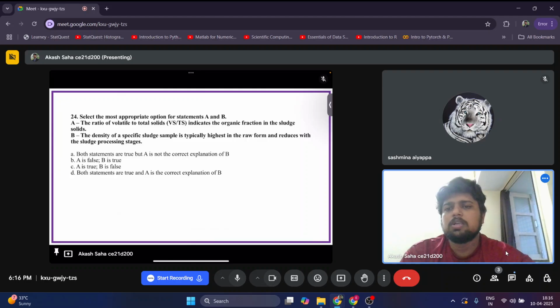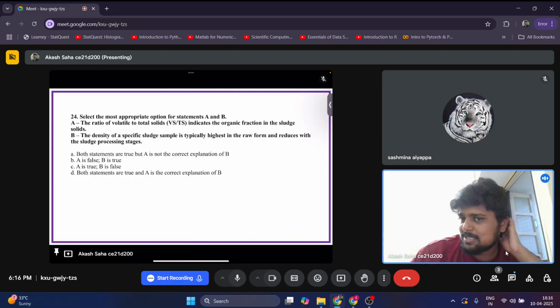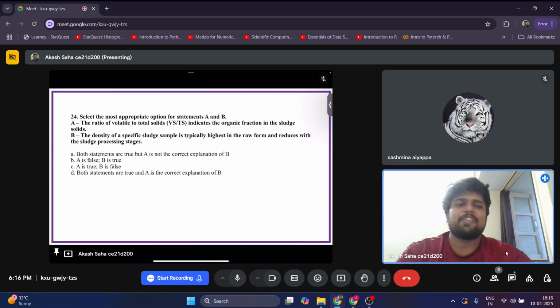Next problem. Select the most appropriate option for statements A and B. Statement A: the ratio of volatile to total solids indicates the organic fraction in the sludge solids. Statement B: the density of a specific sludge sample is typically highest in the raw form and reduces with sludge processing stages. The first statement says that volatile to total solids indicates the organic fraction.